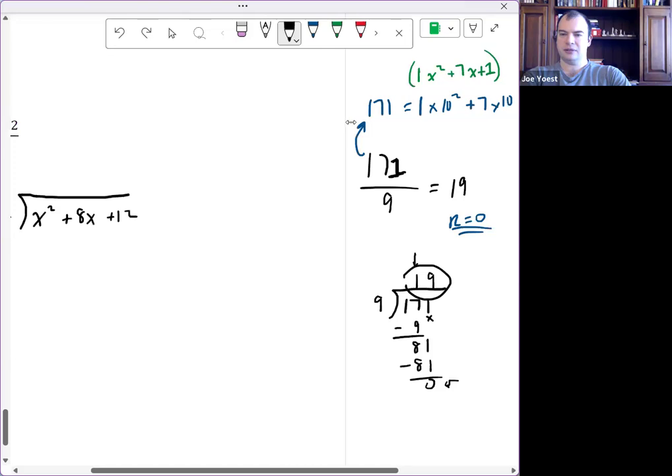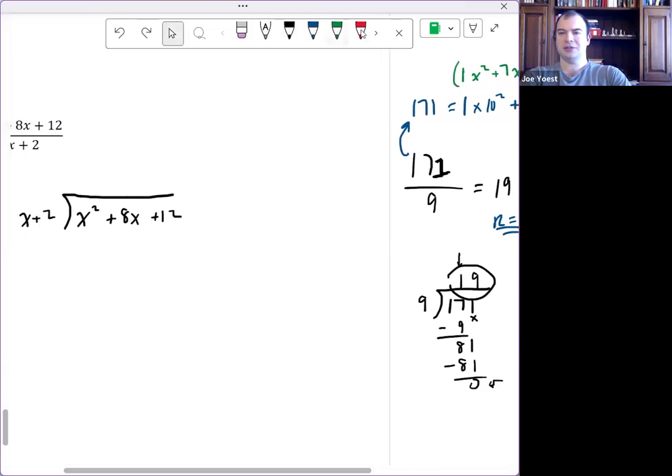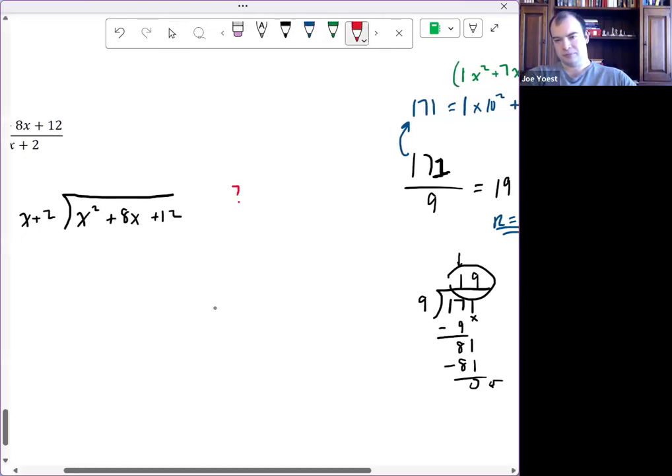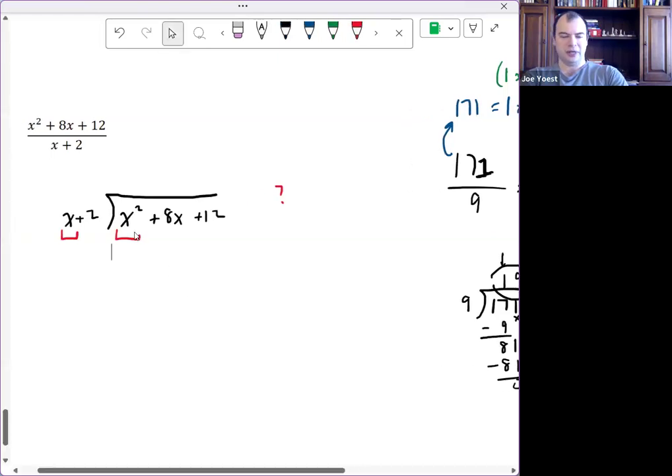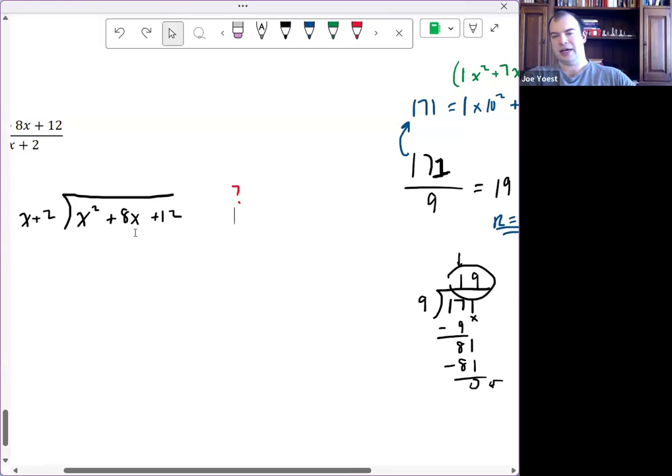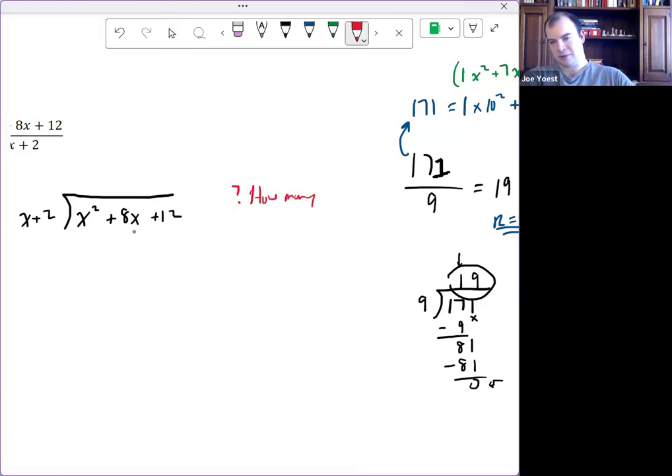So I come over here and I ask, so here's x, and my highest degree term of the numerator is x squared. So I ask, how many times does x go into x squared?